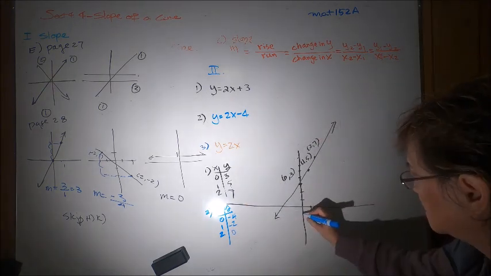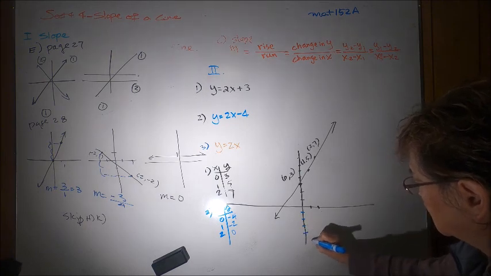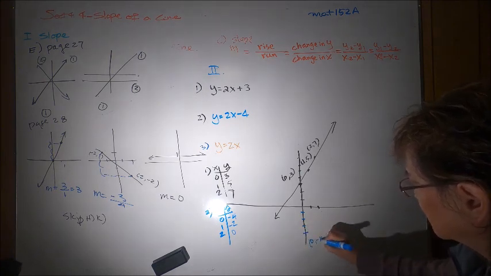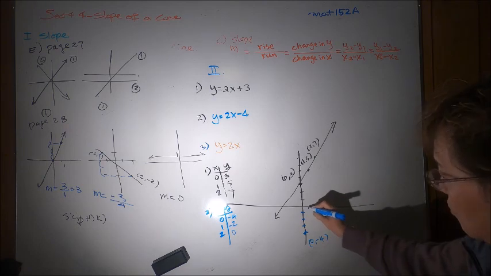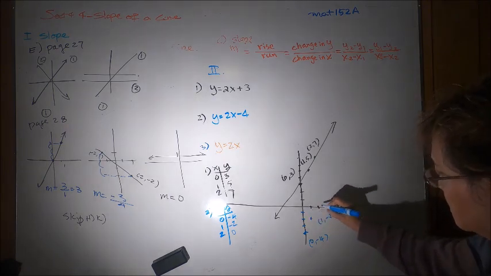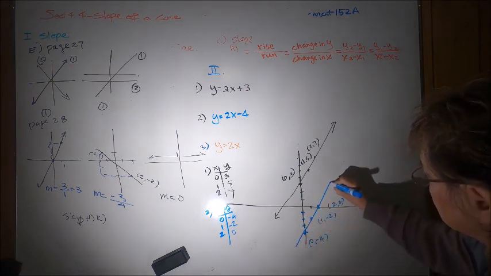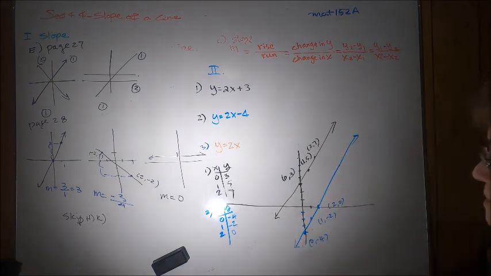So we have (0, -4), and (1, -2), (2, 0). So we have a line like this, right?